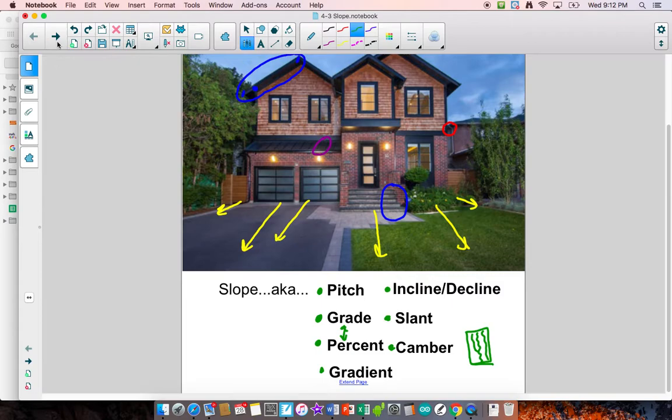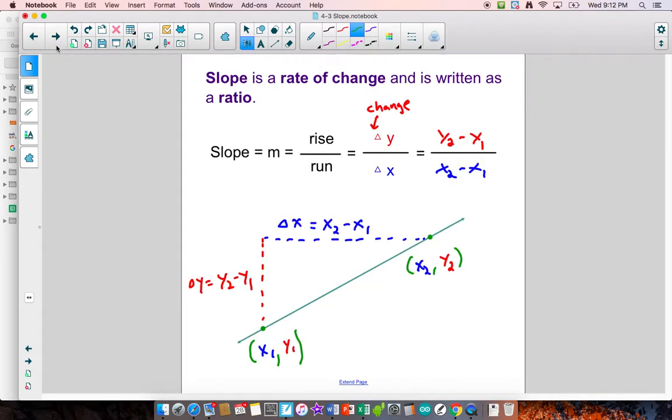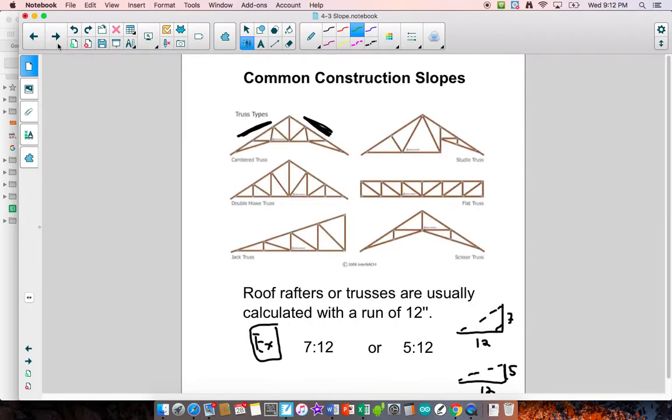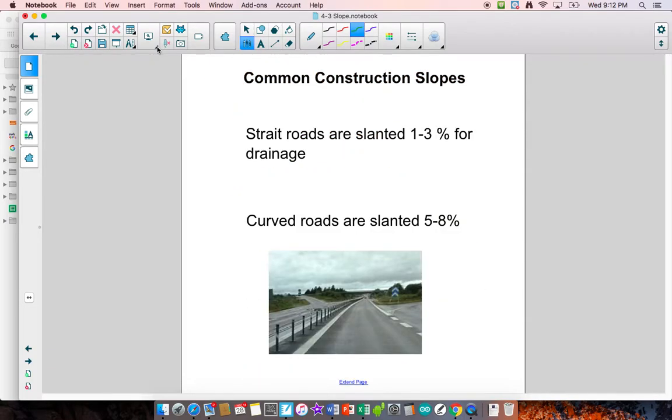So let's go back to that example. If you're dealing with roads, and I just pulled this offline, I don't know if this is specific for Alaska, but roads that are straight, you typically want a 1 to 3% grade. That means for every 1% is like 1 out of 100.